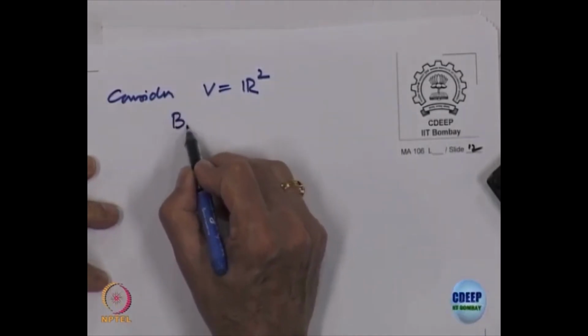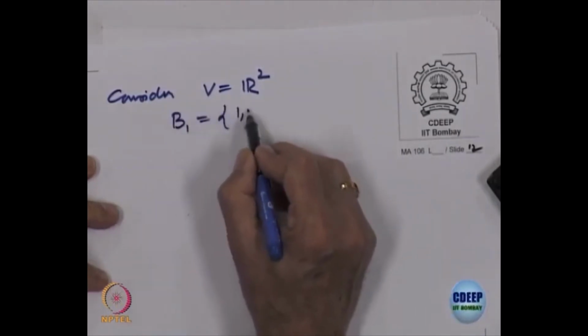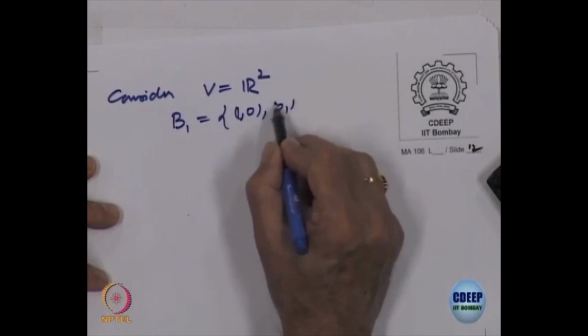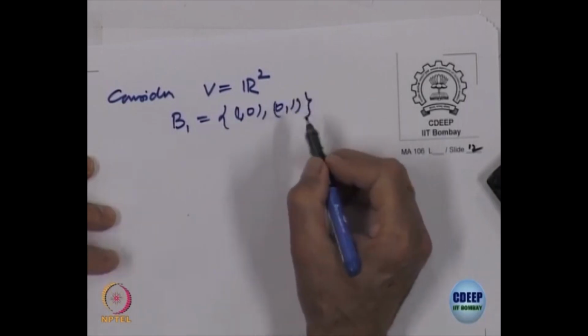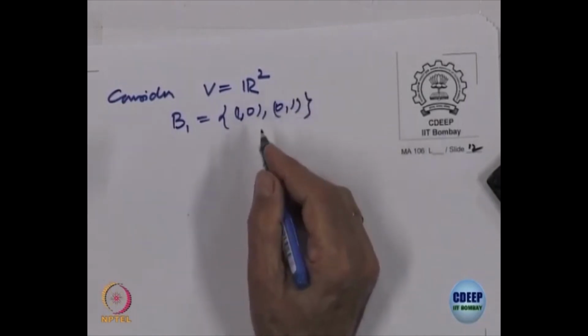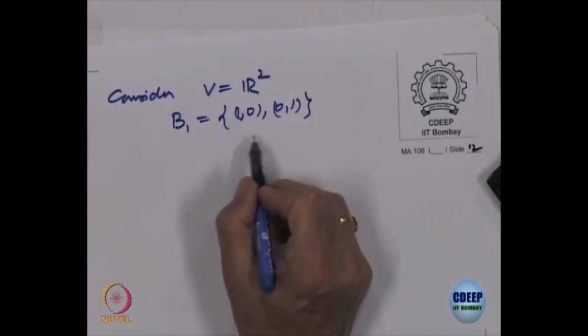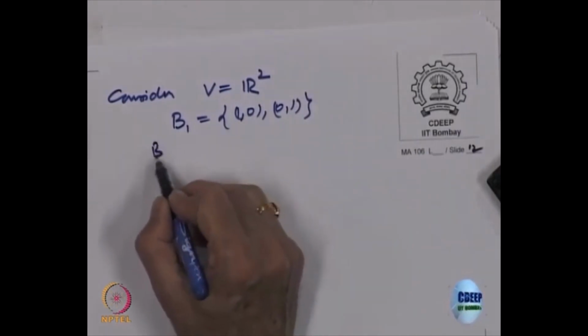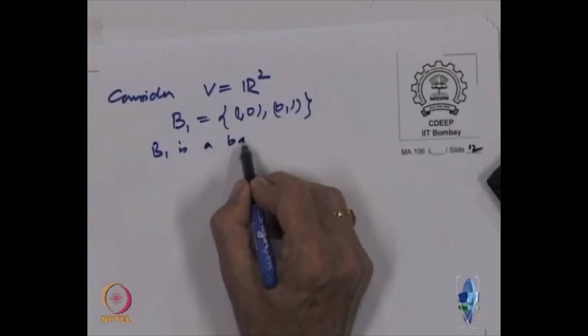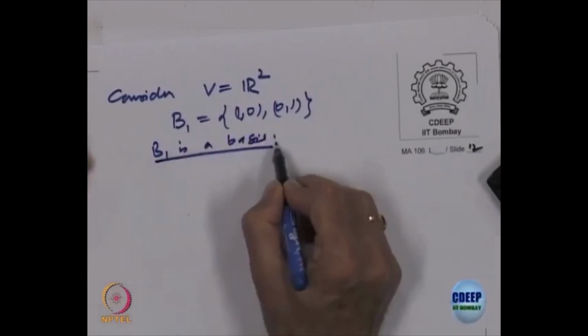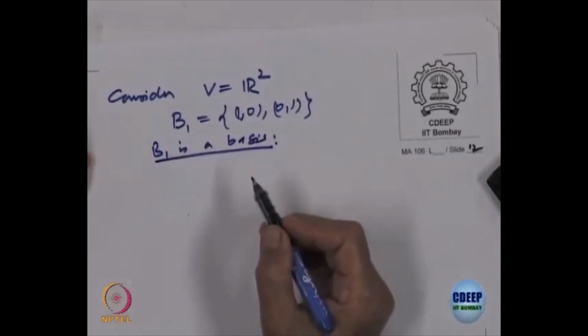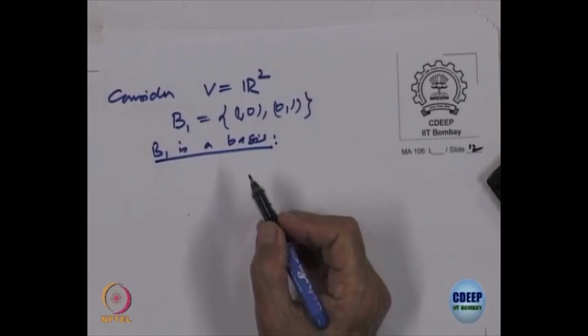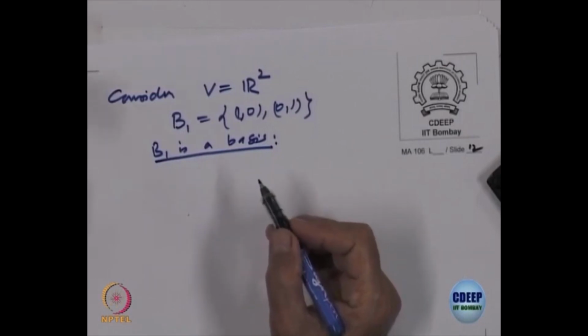Let us look at the set B1, which is (1, 0) and (0, 1), right. Why is B1 a basis? I should be able to check by either of the definitions.